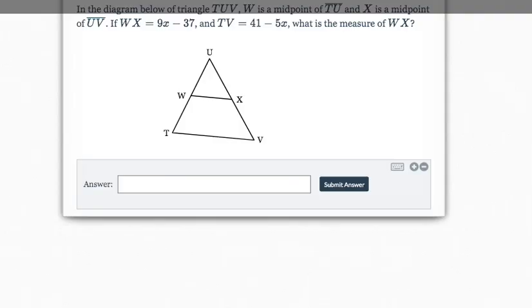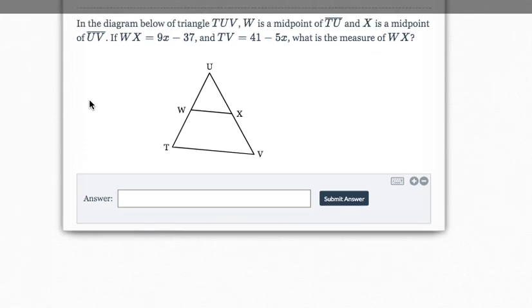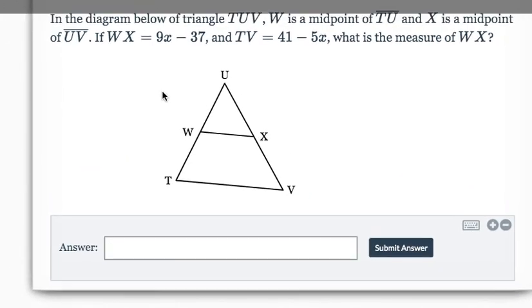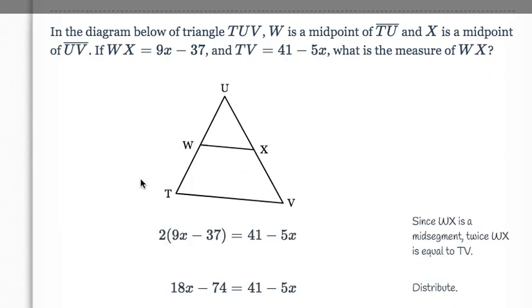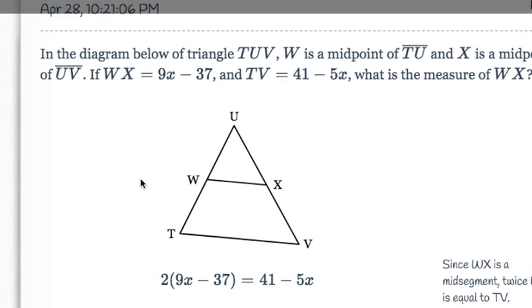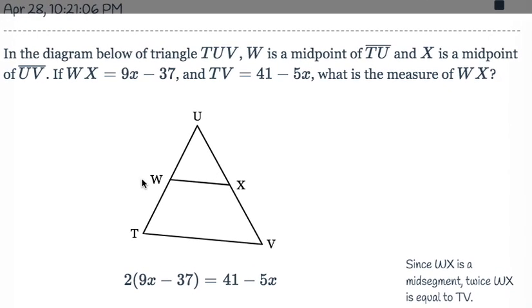Okay, I want to do one more where we're talking about the mid-segment, and that is this one. We have a triangle. They give us WX, TV, and they want us to find the measure of WX. So what is the relationship? The relationship is that 2 times this is equal to this.